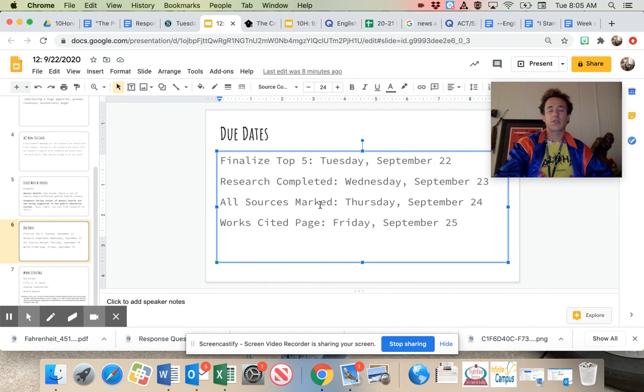All of your sources need to be downloaded and marked in Notability following the directions in Monday's assignment. So make sure you mark all of your sources by Thursday, and then your works cited page should be completed by Friday. For your seniors, I'm not going to spend too much time going over the format.